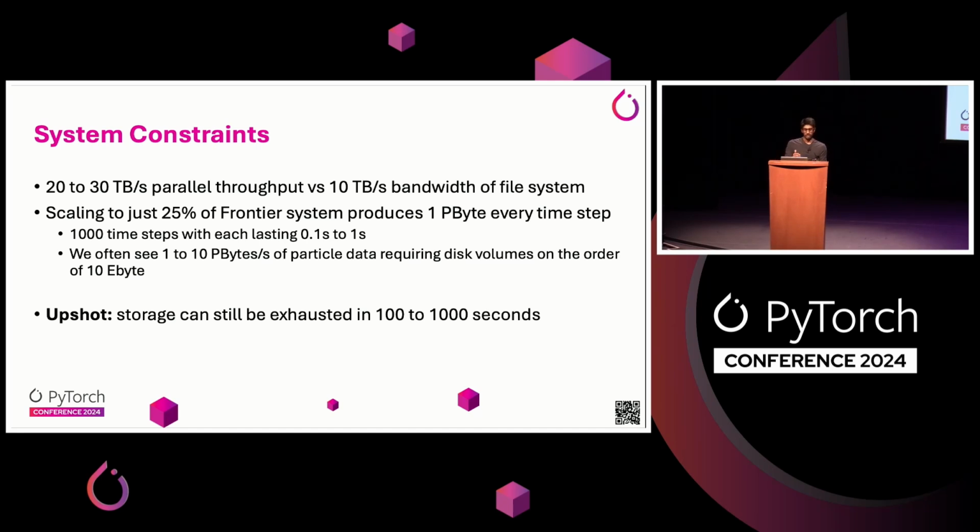In our simulation, there are approximately 1,000 time steps, where each one lasts from 0.1 seconds to a second. So we often see 1 to 10 petabytes per second of particle data, requiring on the order of 10 exabytes of total disk space. The upshot is that the storage can basically be exhausted in as little as 100 seconds.